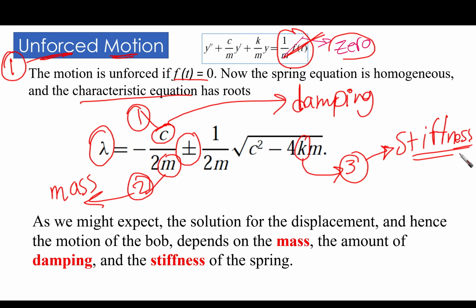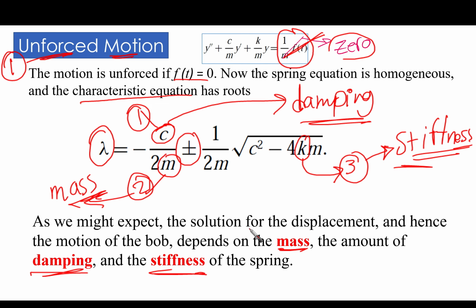Okay, so we have damping, mass, stiffness. We have 3 different parameters that are going to control the motion of our system. Okay, and this is what I've written here, that we have mass, damping, and stiffness. They are going to control our case.